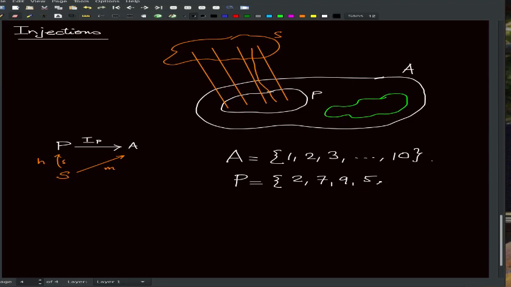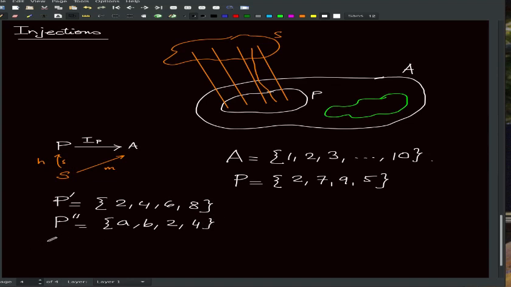So this is 4 elements. Obviously you have this inclusion map very much there. But remember, you have several others. You could have a set like this, which is 2, 4, 6, 8. You could have a set like this, A, B, 2, 4. Or you could have a set like this.